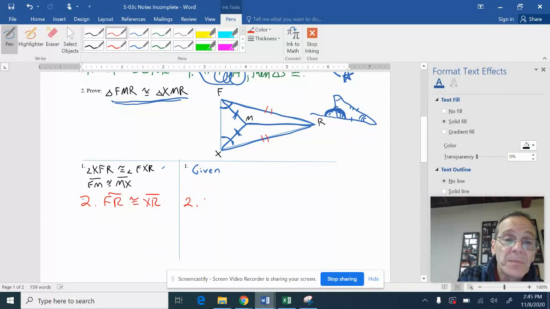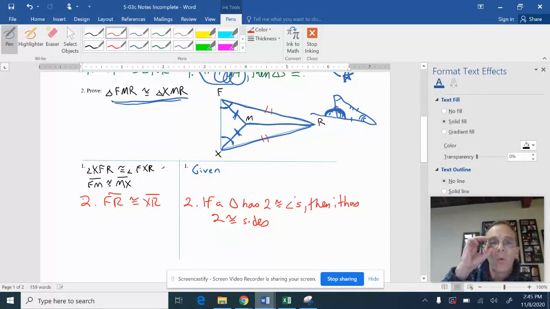Here's the reason. If a triangle has 2 congruent angles, then it has 2 congruent sides. Now, which triangle am I talking about that has the 2 congruent angles?